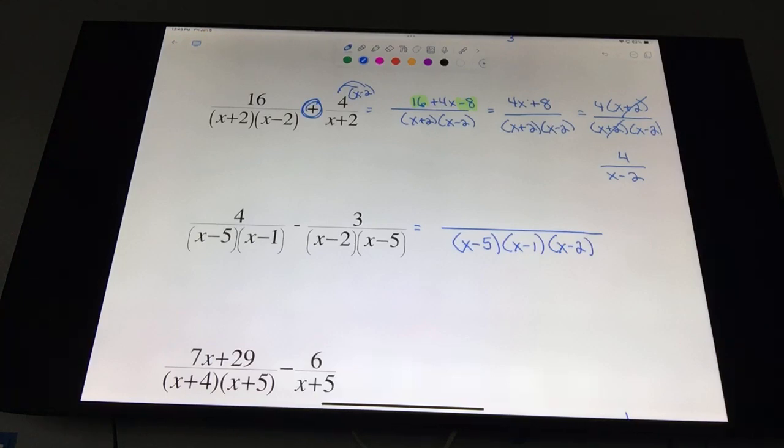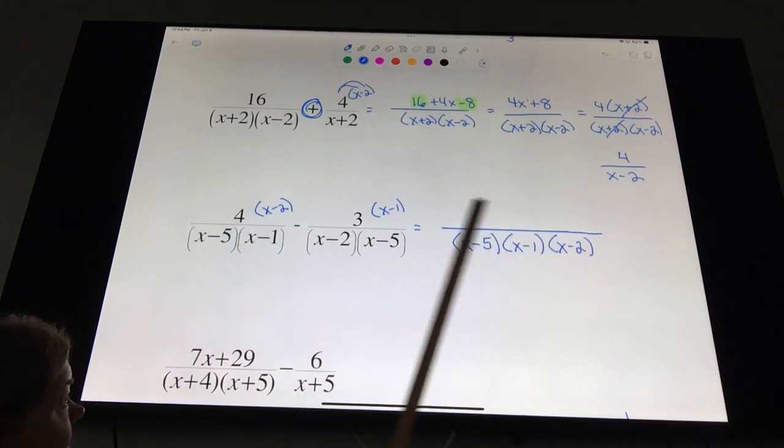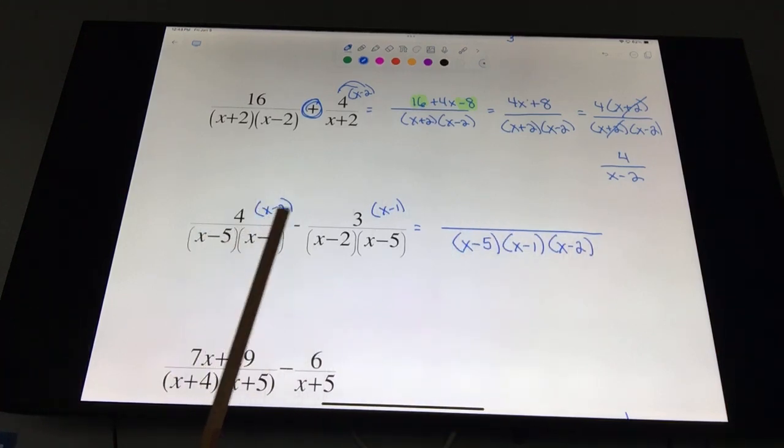What does the first denominator need? What's it missing? X minus 2. And then the second denominator needs x minus 1. So again, you're comparing this to this, and you're writing up here what's missing from the denominator.